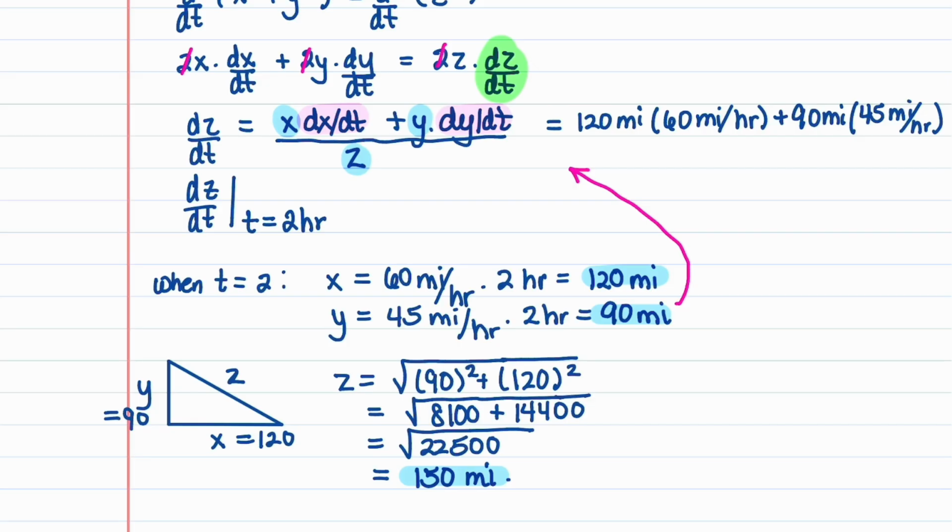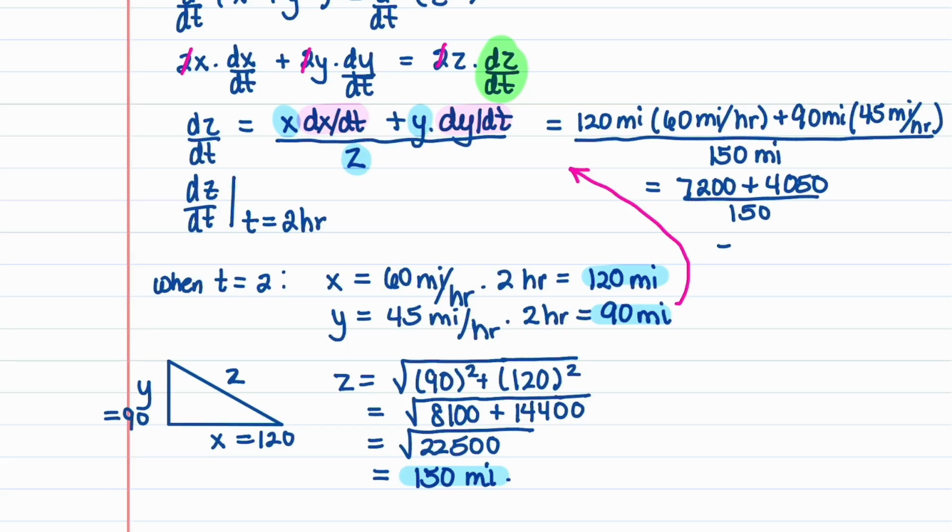I'm going to have to write really small here. And we're going to divide all of this by z, which we just found to be 150 miles. This is equal to 7,200 plus 4,050, all divided by 150, and we'll put units here in just a minute. This ends up being just 75.